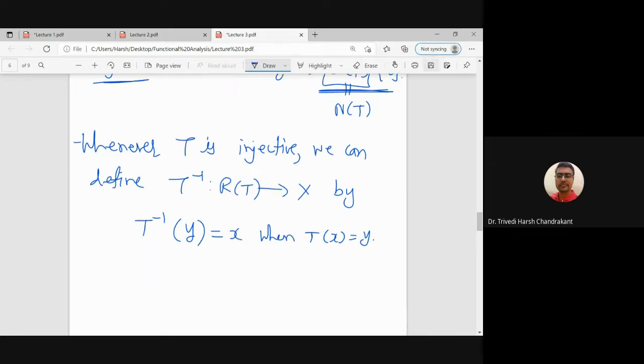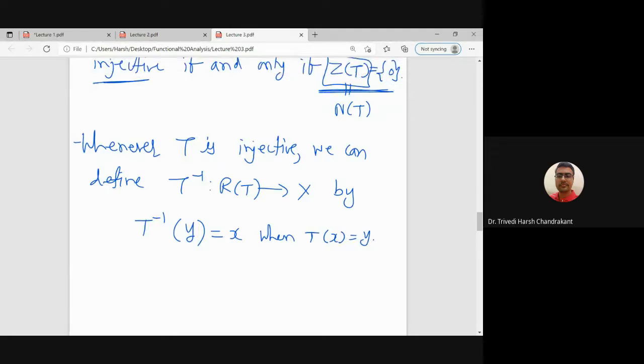Usually we cannot define T inverse, but we can define it whenever T is injective, because in general there may be two elements, T of X1 equals Y and T of X2 equals Y, but X1 and X2 may be different.